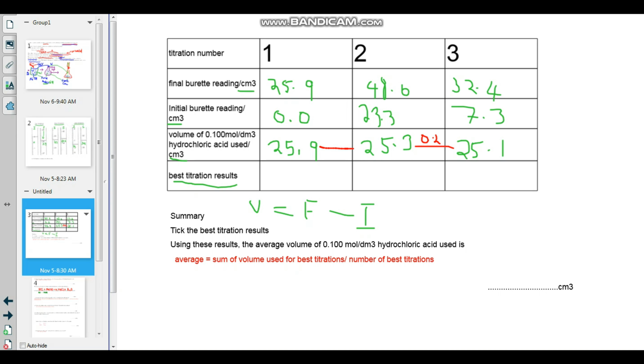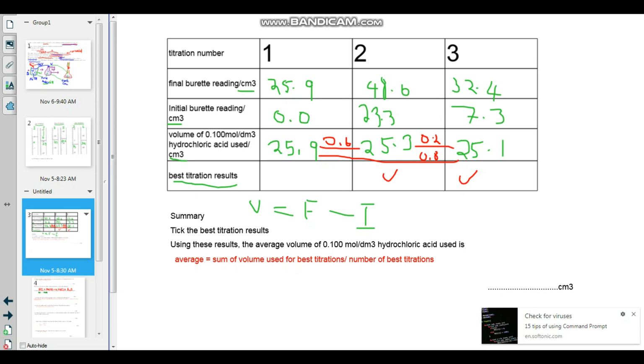The difference between these two readings is 0.6. The difference between the first titration and the third titration is 0.8. So the only results that are close to one another are these ones of titration number 2 and titration number 3. So we'll take that as our best results.